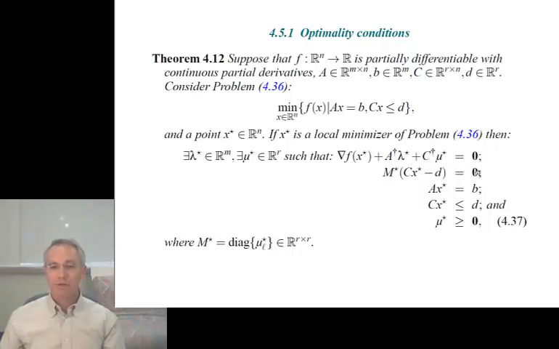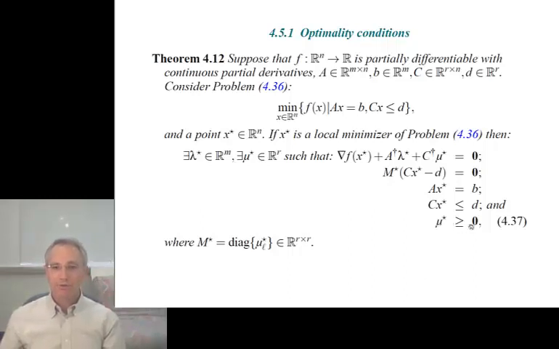Requiring that to be equal to the 0 vector means that for each l, either mu l star will be 0 or the lth row of C times x star minus d l will be 0. In other words, either the lth entry of mu is 0 or the lth constraint is active or binding.